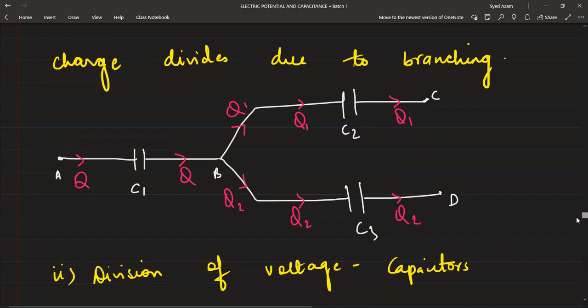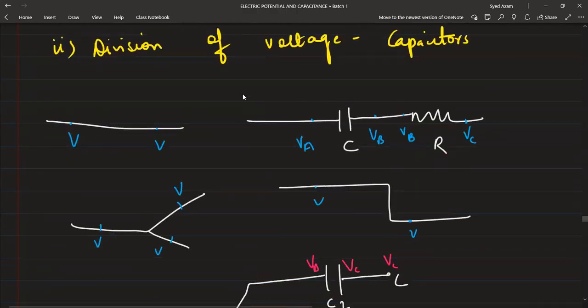In case of voltage, the voltage changes when a device like a capacitor is there. Here the voltage is VA, here the voltage is VB. So when you have put a capacitor, this changes from VA to VB. Again, when there's a resistor, this changes from VB to VC.